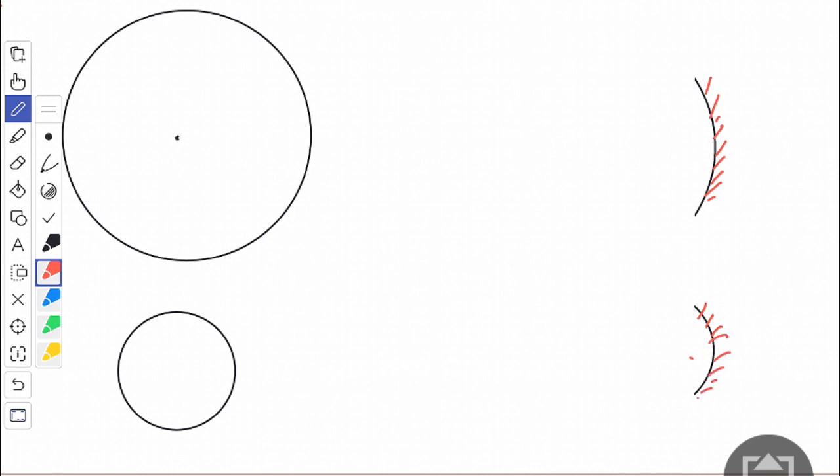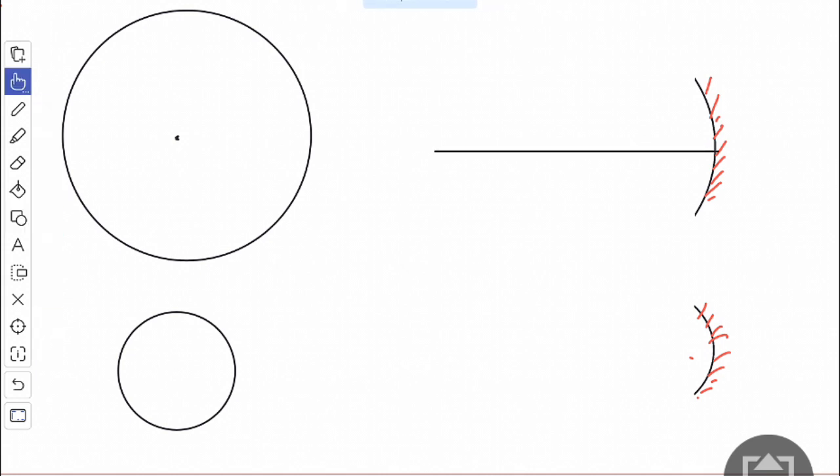Okay, now here's a question. I will actually draw a principal axis here. So this is going to be the principal axis. And here again, this would be the principal axis. Now the question for you is, which has a higher focal length?